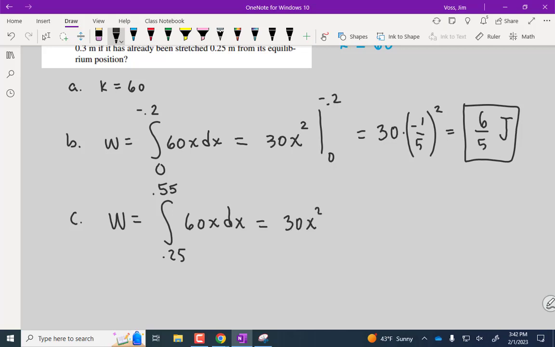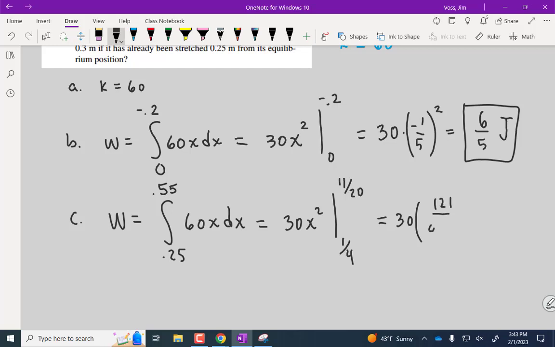Same antiderivative. Let's convert this over. 0.25 is a quarter. 0.55 is 55 100ths, divide out the 5, so we get 11 20ths. So this will be 30 multiplied by, square both of these.